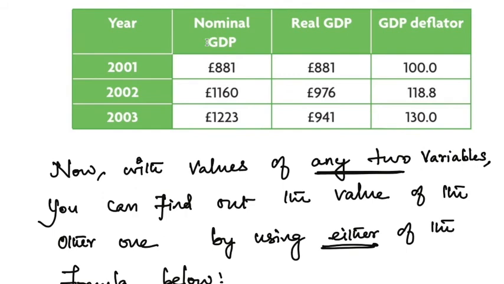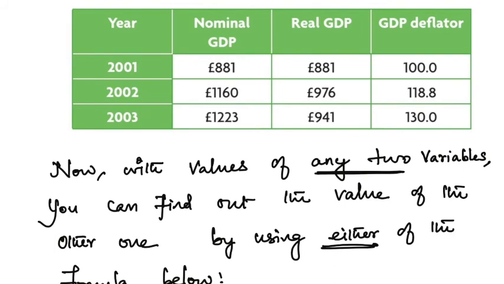For example, you might be given nominal GDP value or GDP deflator value for each of these years, and you might be asked to calculate real GDP, or you are given the values of real GDP and the values of GDP deflator, and you are asked to calculate nominal GDP. So with any two values, you can calculate the other one.